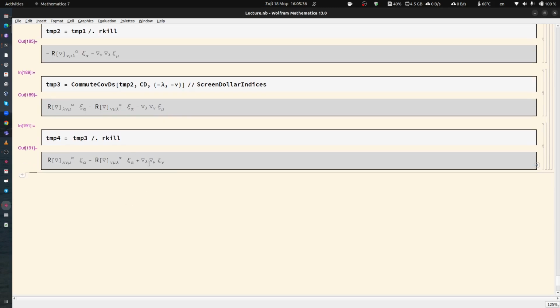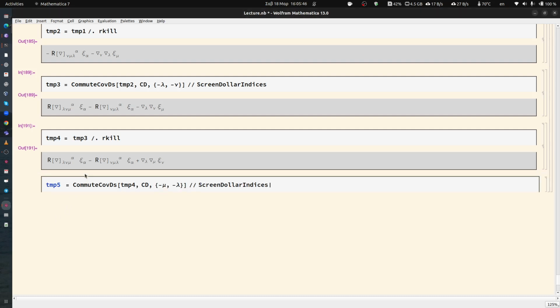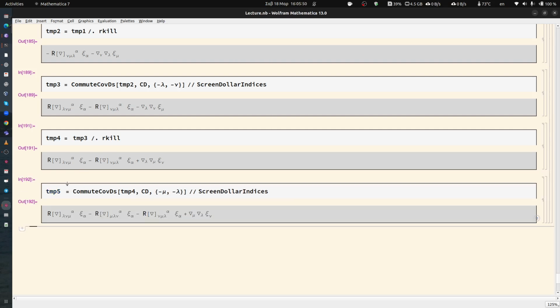And again, I am commuting the derivatives d lambda d mu to d mu d lambda. And that will be my variable TMP5. Now a third Riemann tensor term has appeared.